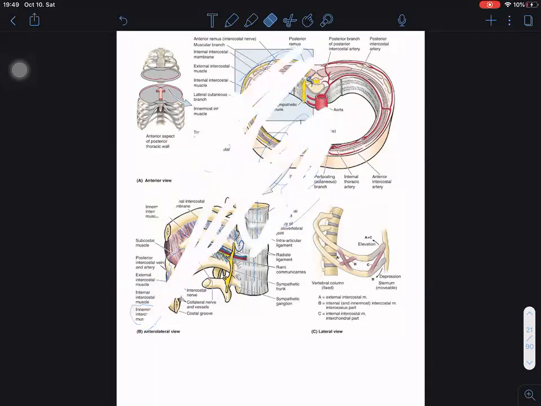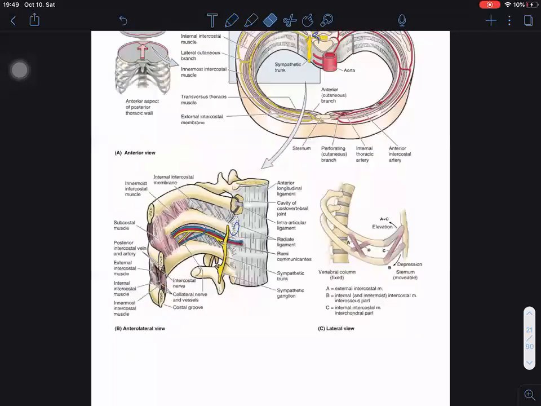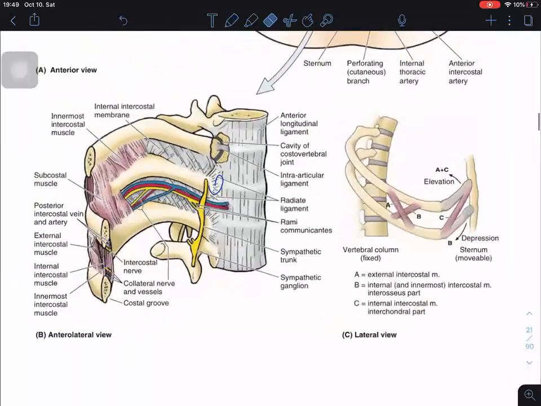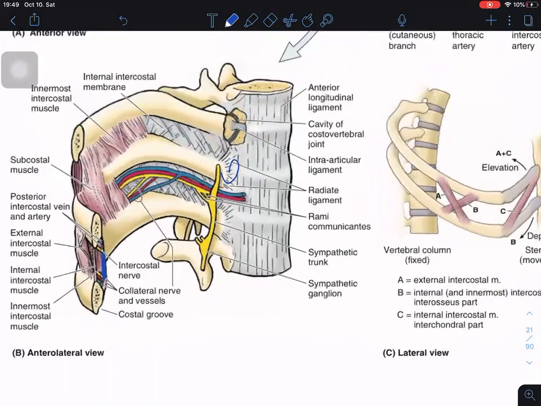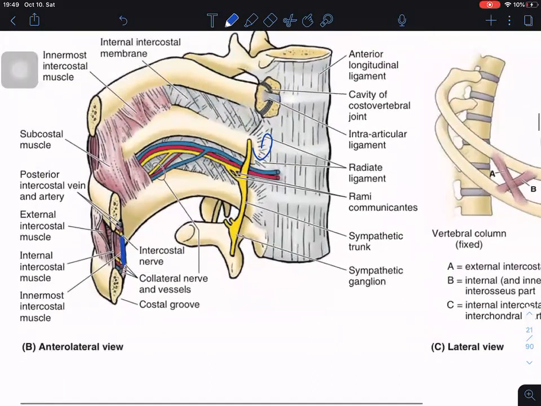All right, perfect. So the third intercostal muscle that we have is called the innermost intercostal muscle. So in order, we have the external, then the internal, then the innermost.